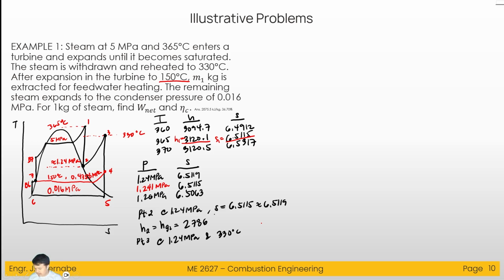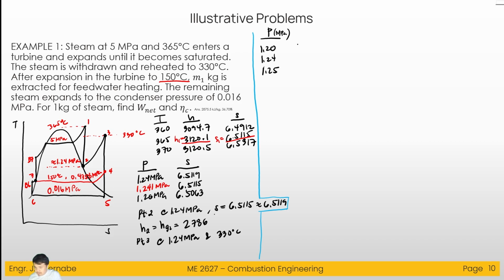We still need to interpolate, but at least we don't need to interpolate twice, just a single interpolation. The working pressures here are 1.20 MPa and 1.25 MPa, and we are looking for 1.24.